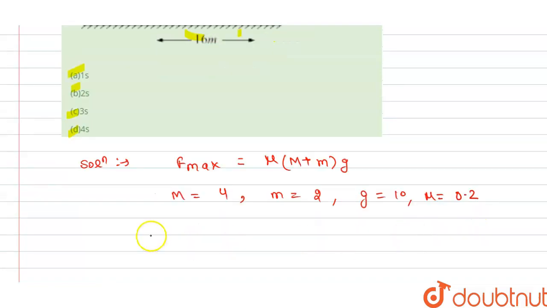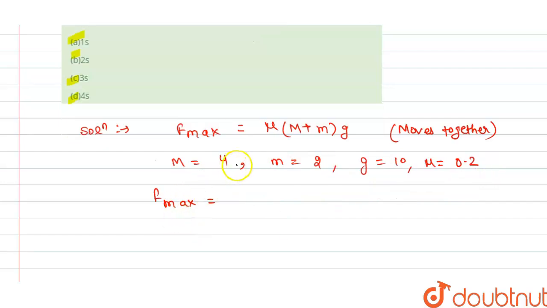So if we put the values, we get F max so that both blocks move together. So from this we can write mu is 0.2 and this is 6 here, multiplied by 10, and from this we get F maximum is equal to 12 Newton here.